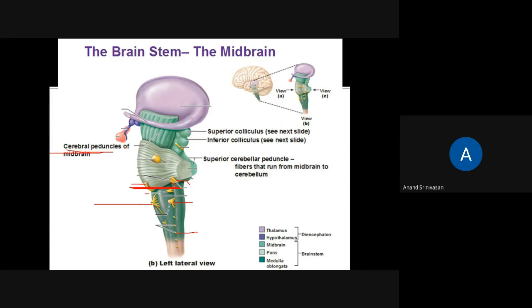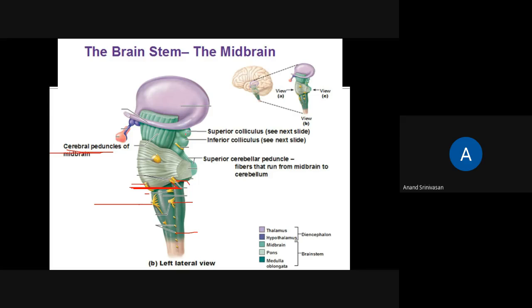Crus is like a root, which holds the cerebrum. Imagine the cerebrum like a tree and the crus like a stem, like a trunk. The one which keeps the cerebrum in its place. So this is the crus cerebri.